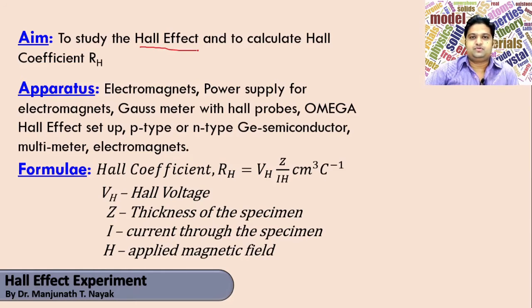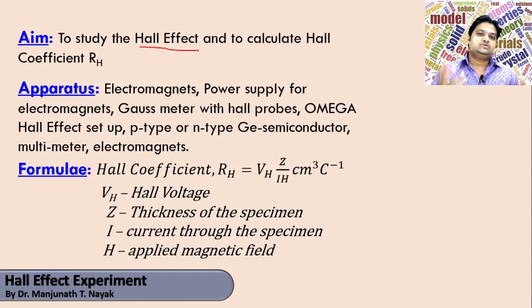If you remember from the theory class that I took, I had explained what is Hall effect. If you have a current and magnetic field applied perpendicularly to the semiconductor, then there is a voltage that is generated, and this voltage was called a Hall voltage. So we are going to actually see that there is a Hall voltage generated here.